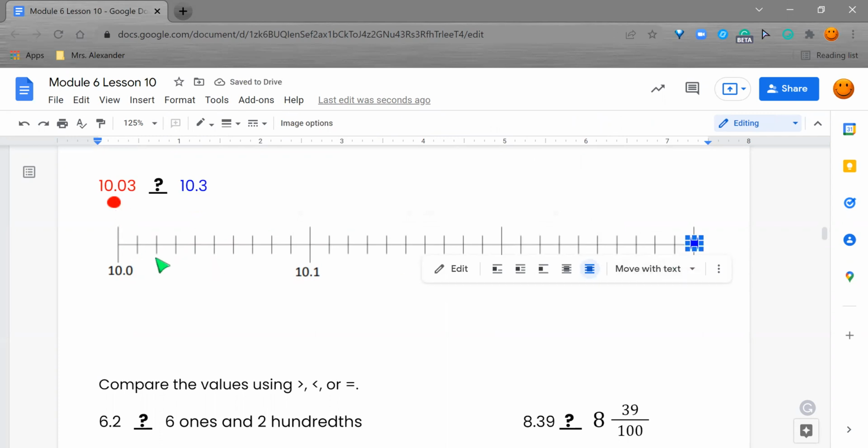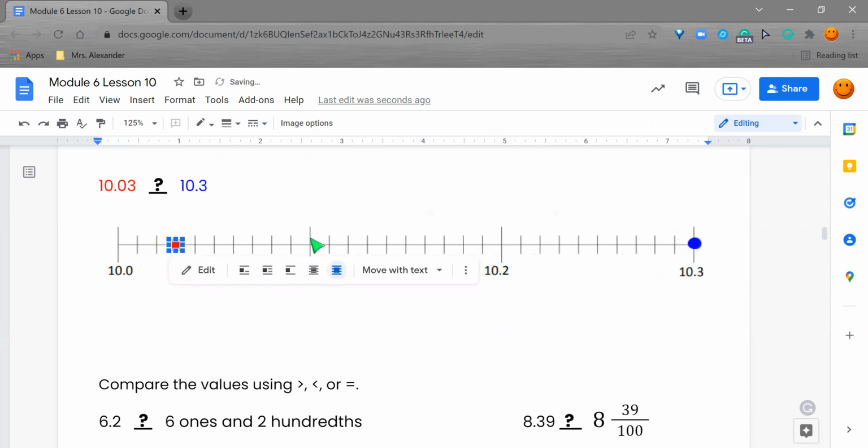So I'm going to count 1, 2, 3, 4, 5, 6, 7, 8, 9, 10. So I'm going to put it right here on the third one because I know it's before 10.1. And it looks like these are hundredths because if I stretch it out from 10 to 11, we'd have 100 little dashes in between. So we'd want 10.03, 1, 2, 3.